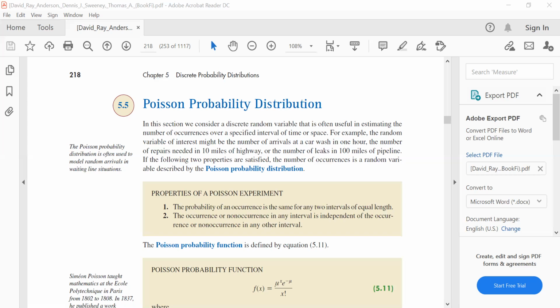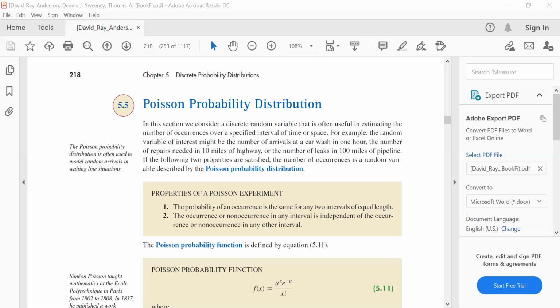Independence of occurrences means that the occurrence of an event does not influence the successive occurrence of that event.